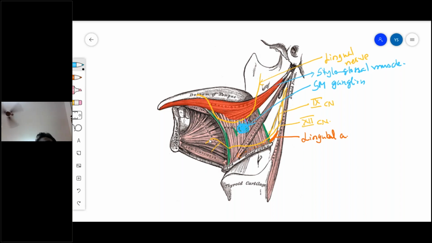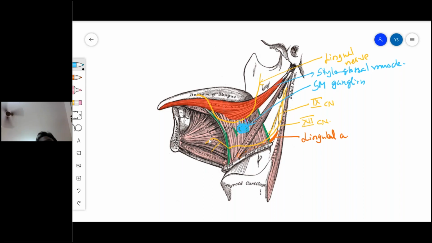I draw one artery here passing deep to the hyoglossus muscle just above the greater horn of the hyoid bone. That is the lingual artery. We can also see the other muscles: stylohyoid, styloglossus, and stylopharyngeus.